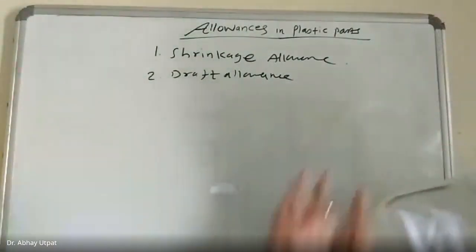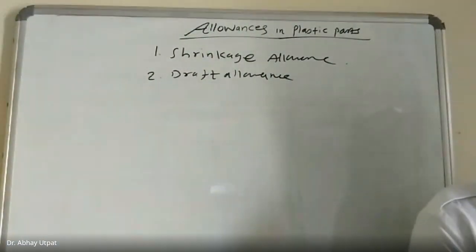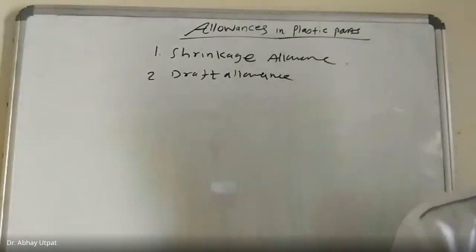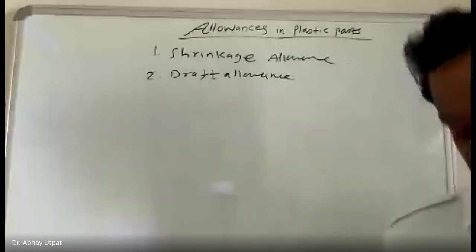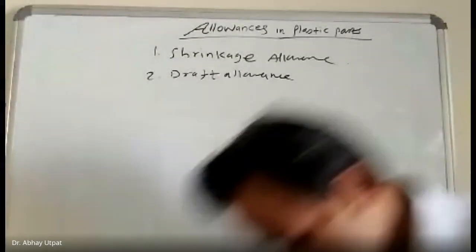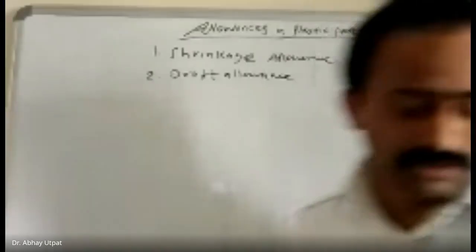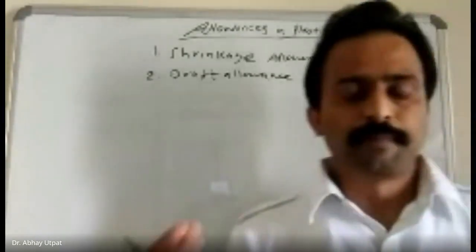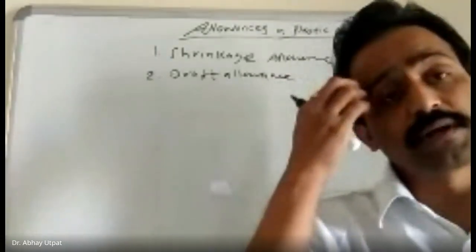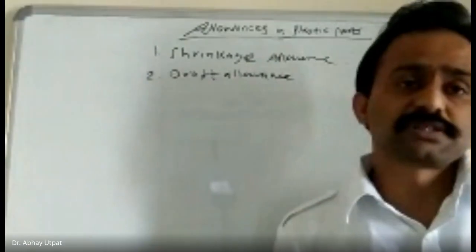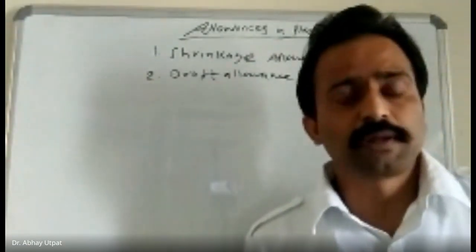So here you have nylon, polypropylene, PVC, polystyrene, a number of materials you are using for making the components. Now if you use nylon material for an XYZ component, what will be the shrinkage allowance considered? If you use polypropylene, what will be the allowance considered?